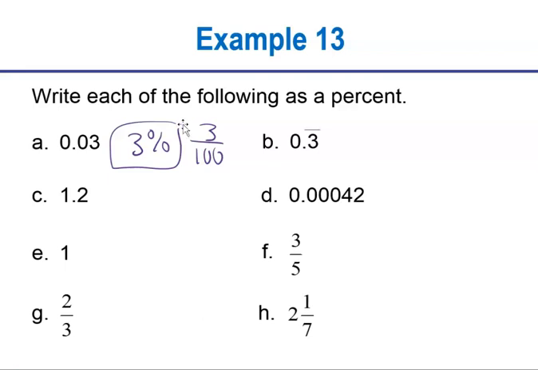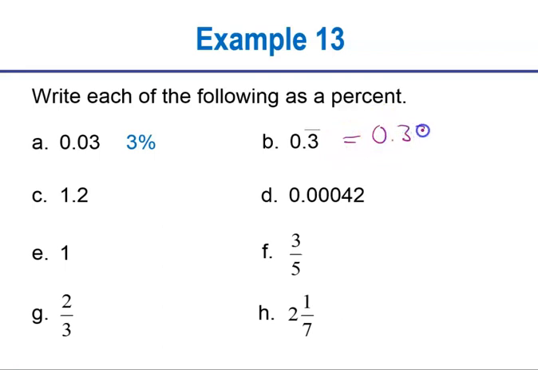I've got this typed up. There's your 3% right there. What about B over to the right? Notice that is a 3 repeating. So if I use the idea that this is 0.33333 repeating forever, correct?